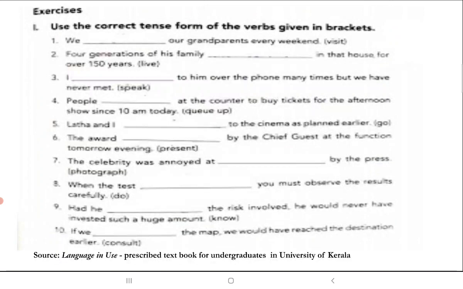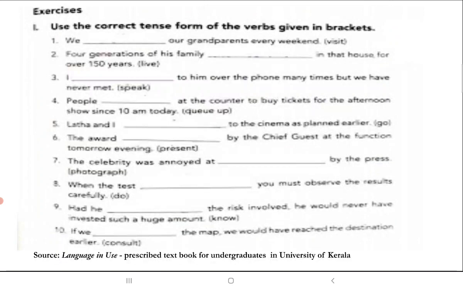Was annoyed at being, B-E-I-N-G, being photographed by the press. When the test dash, you must observe the results carefully. When the test is being done, you must observe the results carefully. When the test is being done, B-E-I-N-G, D-O-N-E.